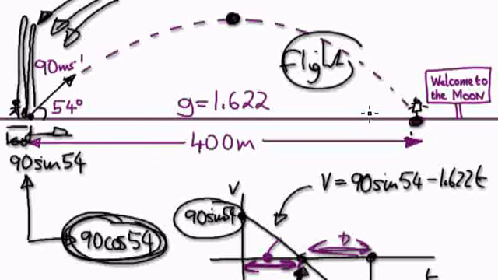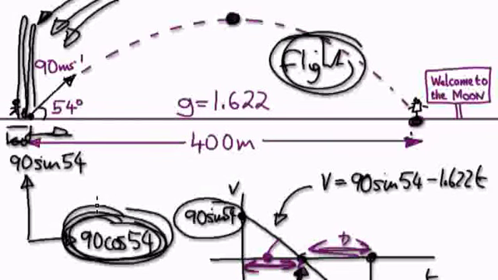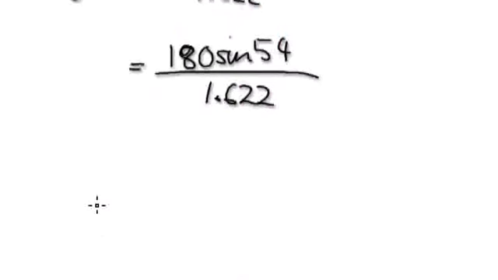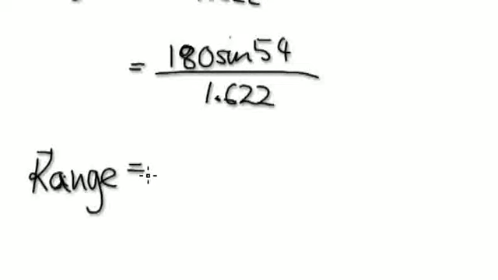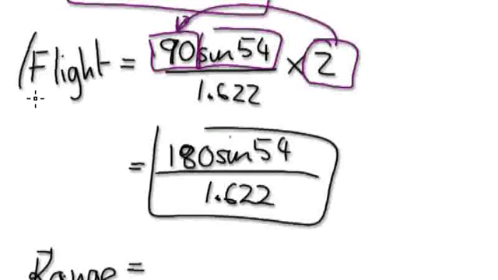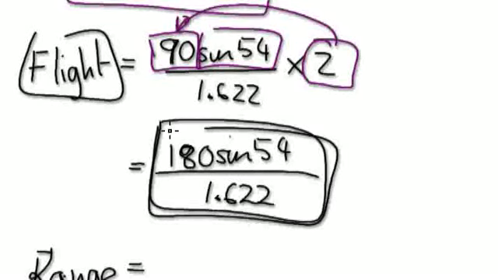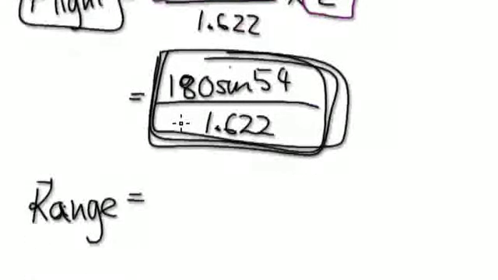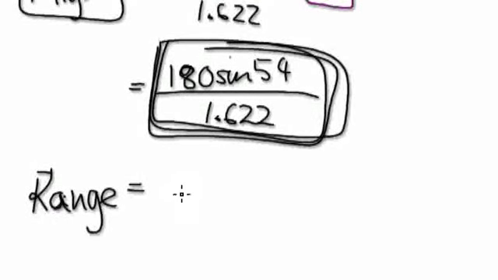Okay. Now, we know the total flight time, so let's times it with this here. So range here equals, well, this here is a total flight time. So let's get this and times it with the horizontal speed.